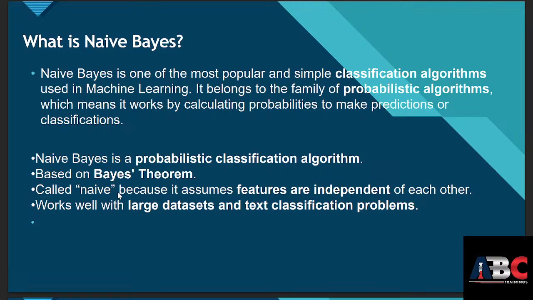The Naive Bayes algorithm calculates the probability that a given data point belongs to a particular class. It then assigns the data point to the class with the highest probability. Naive Bayes belongs to a family of probabilistic algorithms, which means it works by calculating probabilities to make predictions and classifications.